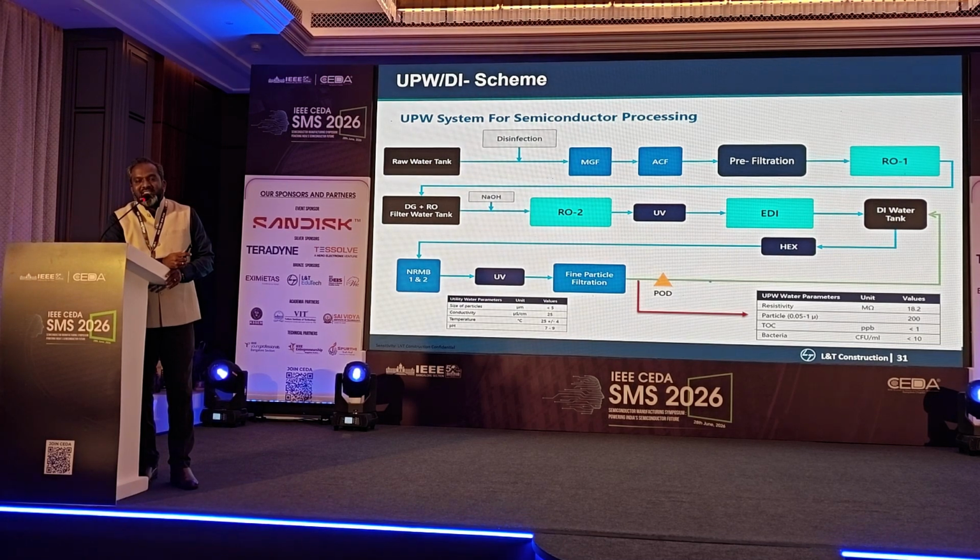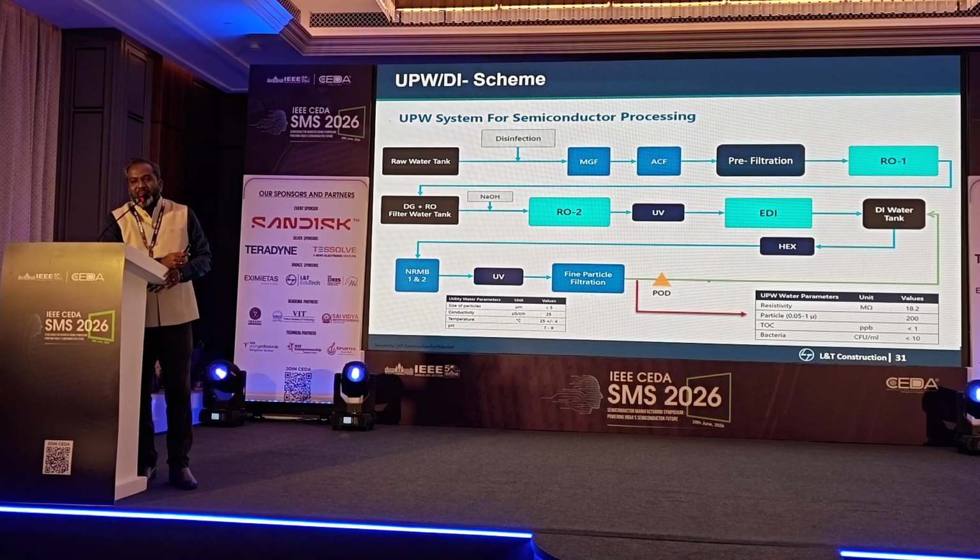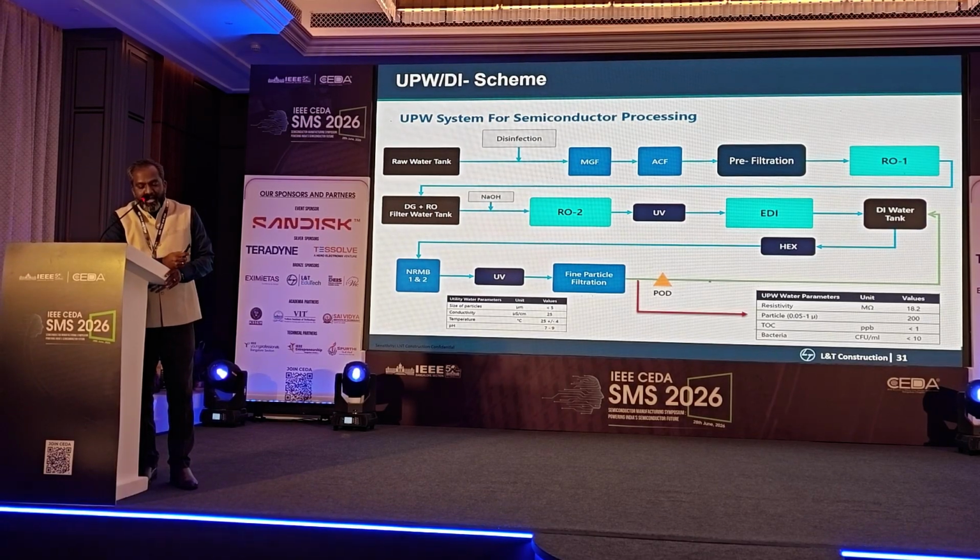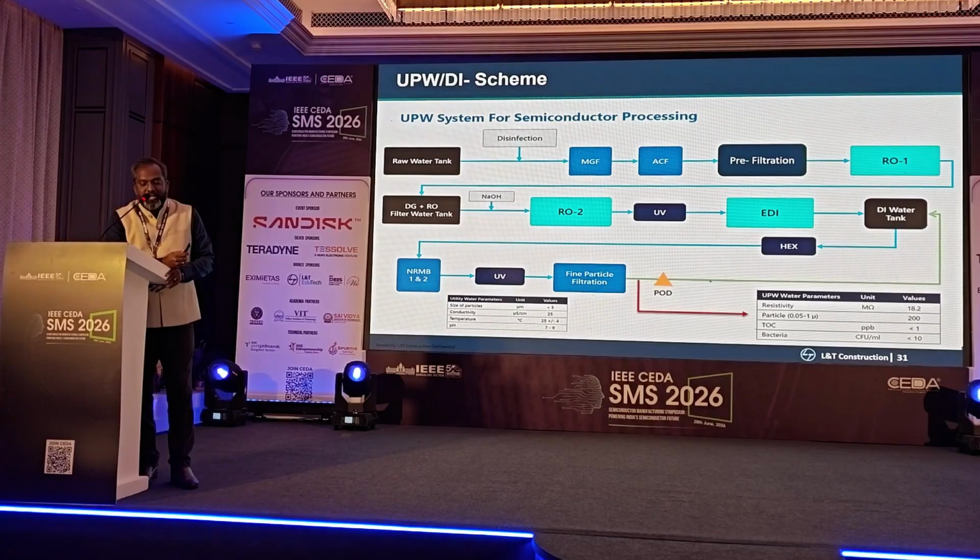Here the TDS is less than 1 ppb, parts per billion. And the particle size we are talking about is about 5 microns in normal water. Here the particle size is 0.05 microns to 1 micron. So the particle size is smaller, and the TDS allowed is less than 1 part per billion.